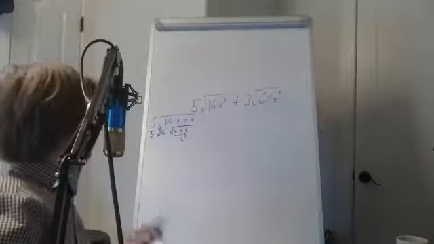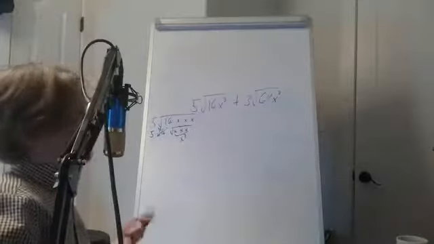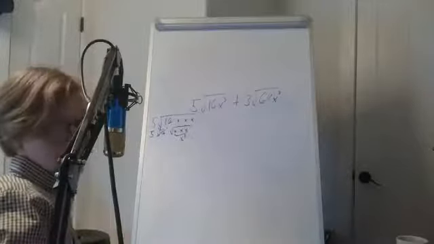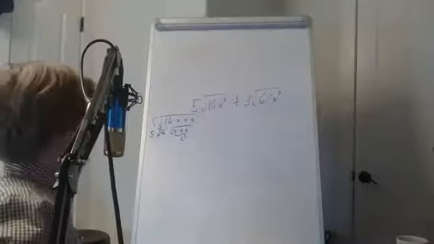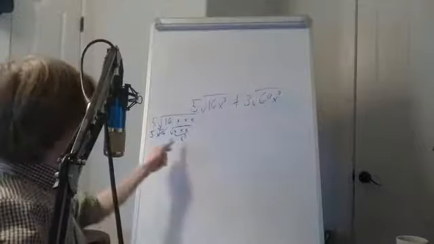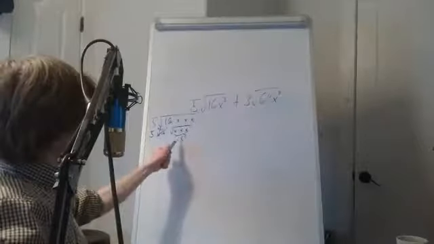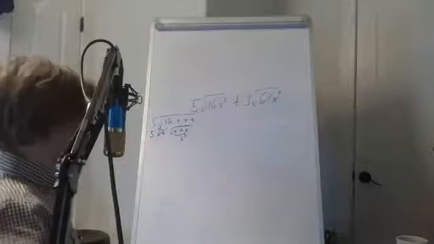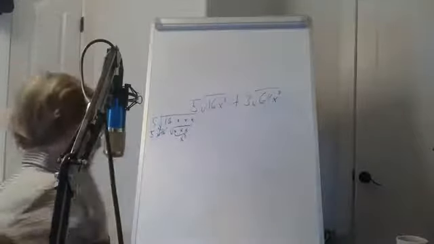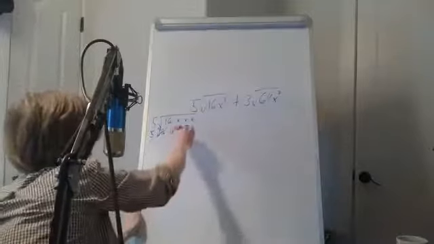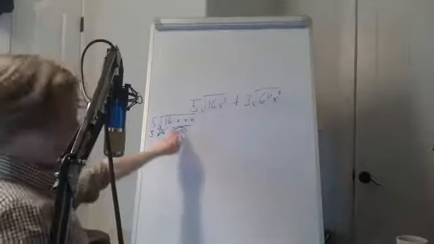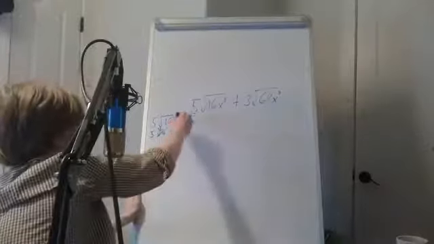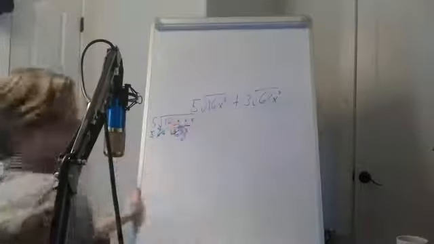If you take the square root of x cubed, you're taking 2 of the x's, the x squared inside the x cubed, and taking that out and leaving an x.